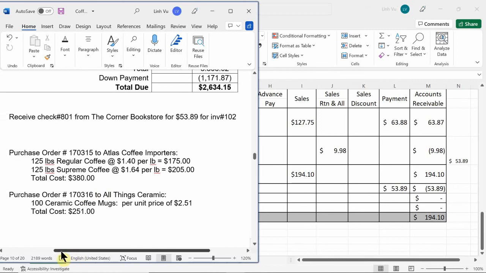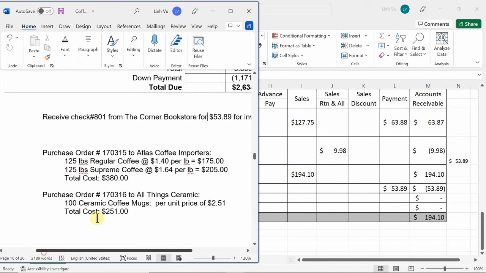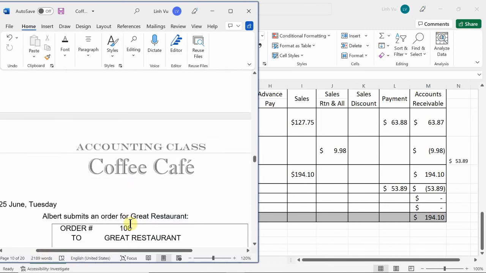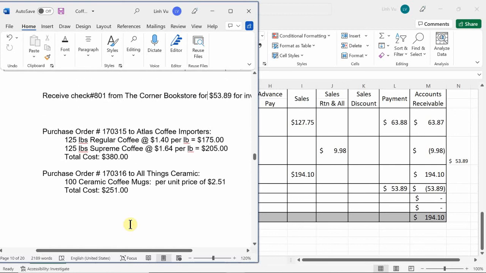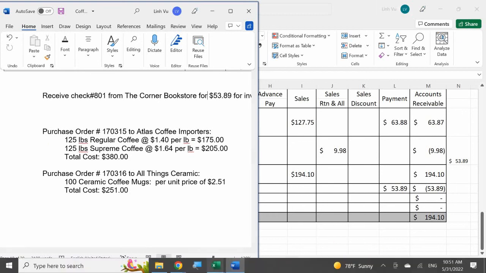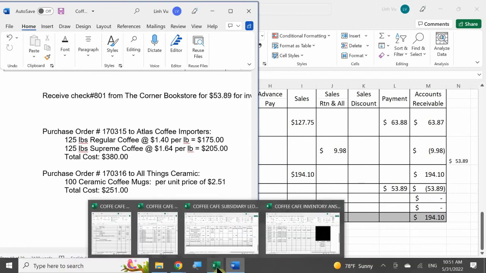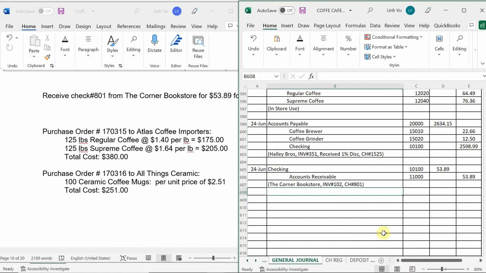And then it looks like I'm going to issue some more purchase orders. So some more coffees and some more ceramic coffee mugs. So let's go to our purchase orders here.